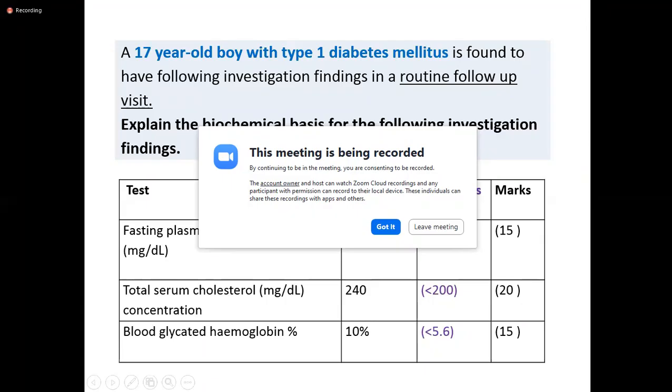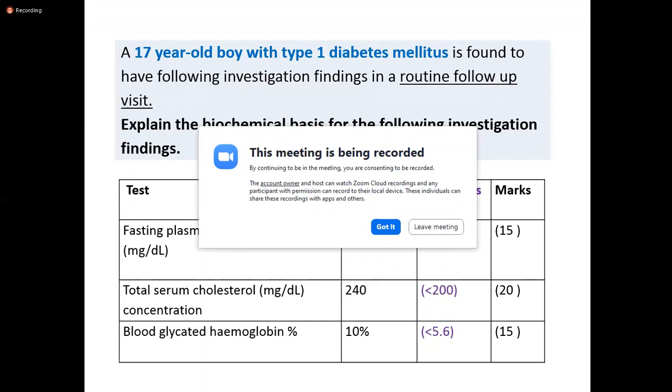When you go through the question, you can see we have given you a young boy with type 1 diabetes mellitus. So the patient has type 1 diabetes mellitus with absolute insulin deficiency.